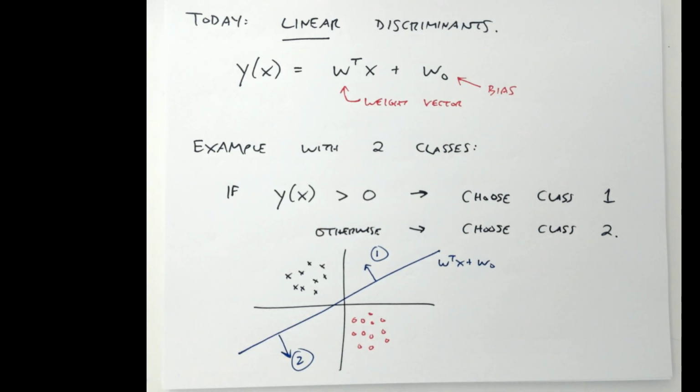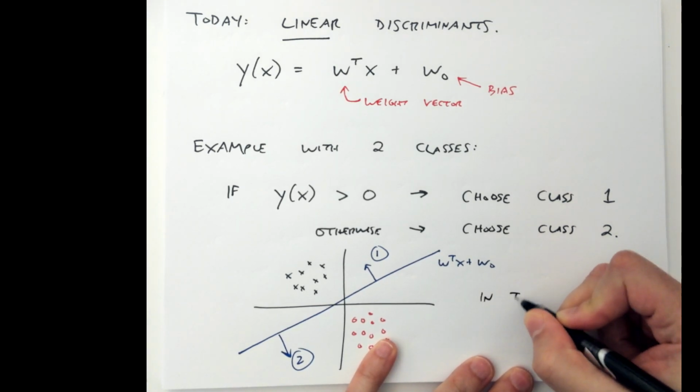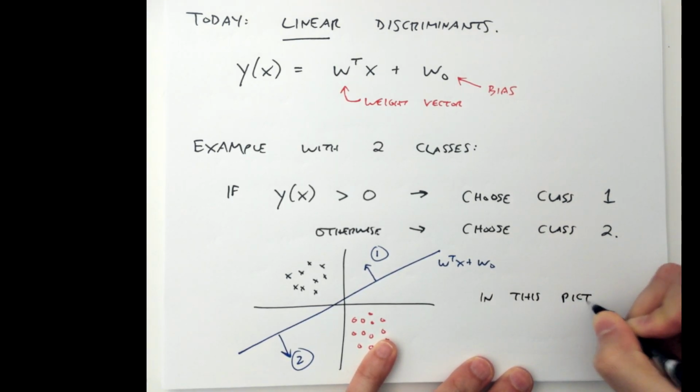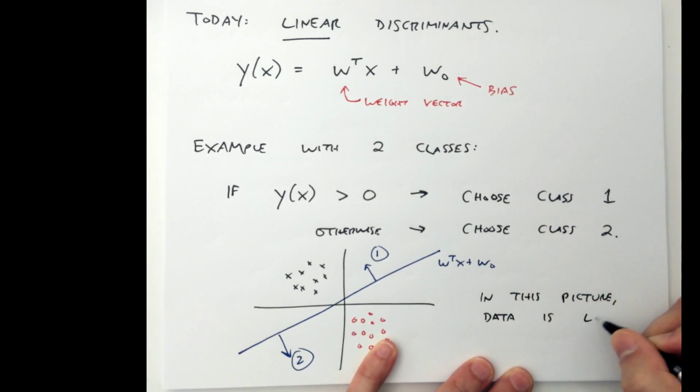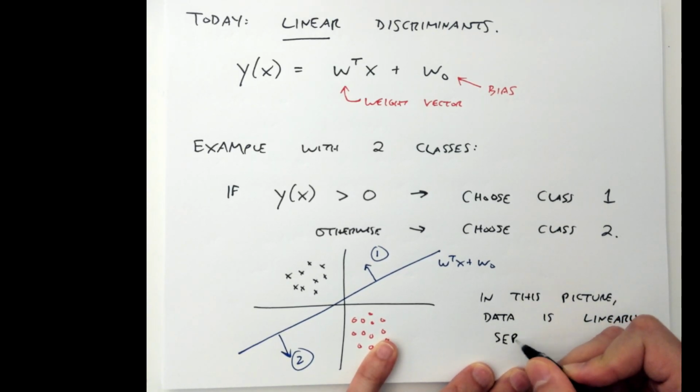And of course, life is good in this situation where the classes are what are called linearly separable, right? So in this picture, the data is what's called linearly separable.